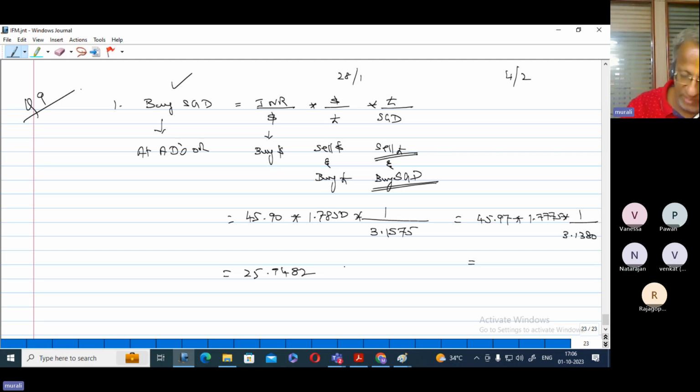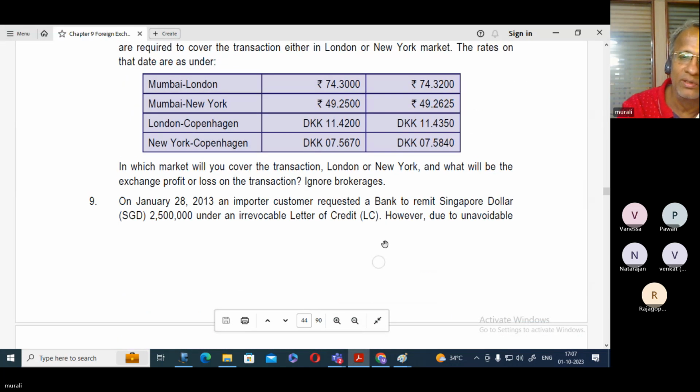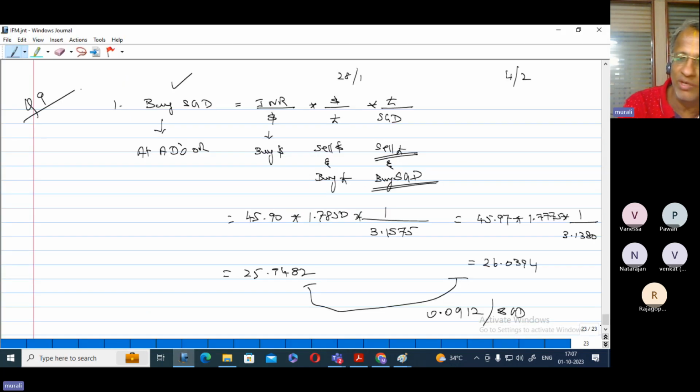This one, 45.97 into 1.7775 divided by 3.138 comes to 26.0394, minus 25.9482. So you get a difference of 0.0912 per SGD. How many SGDs are there? 25 lakh SGDs that you are having.